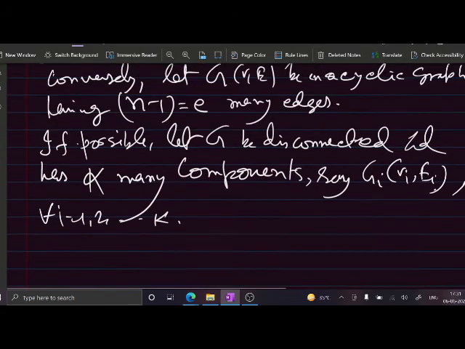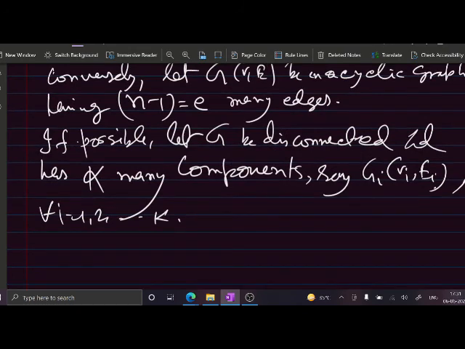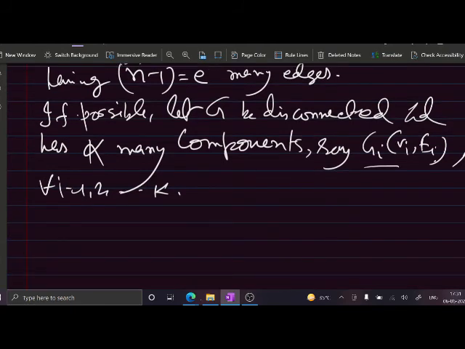Now since G is acyclic, being subgraphs, these Gi's are also acyclic, and since they are components, they are connected.